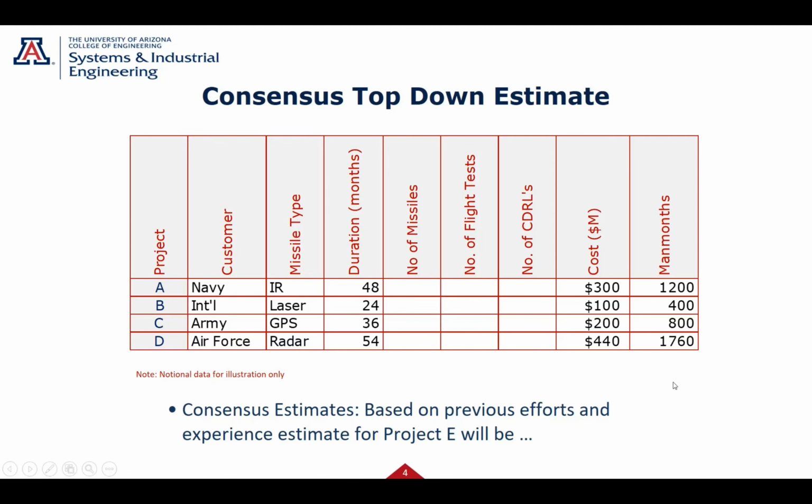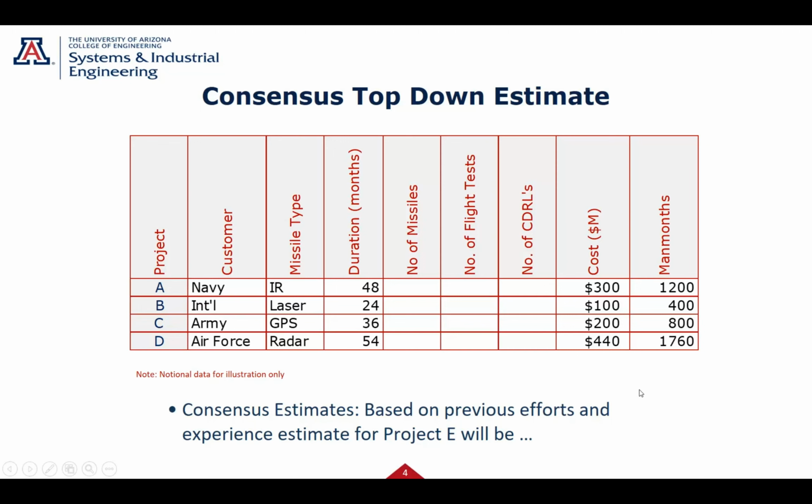Now, based on this, my team and I can get together and say, this new program is kind of like this program here and this one there, and we can put it together and say, we think this new program should be in this range, 350 million or some number depending on the program.